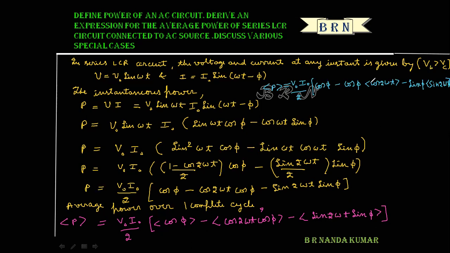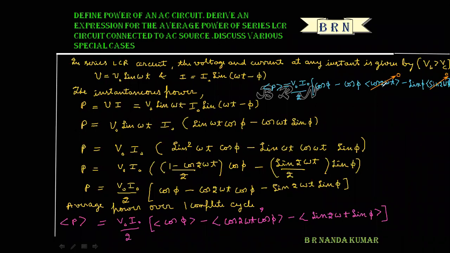Okay, so average of cos 2 omega t and average of sin 2 omega t, both go to 0. Average of cos 2 omega t is 0, average of sin 2 omega t is 0.